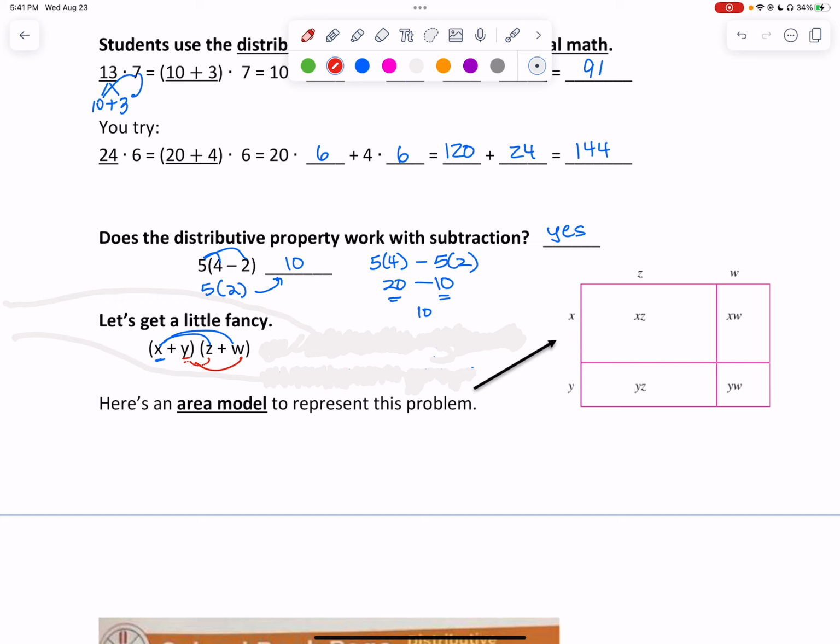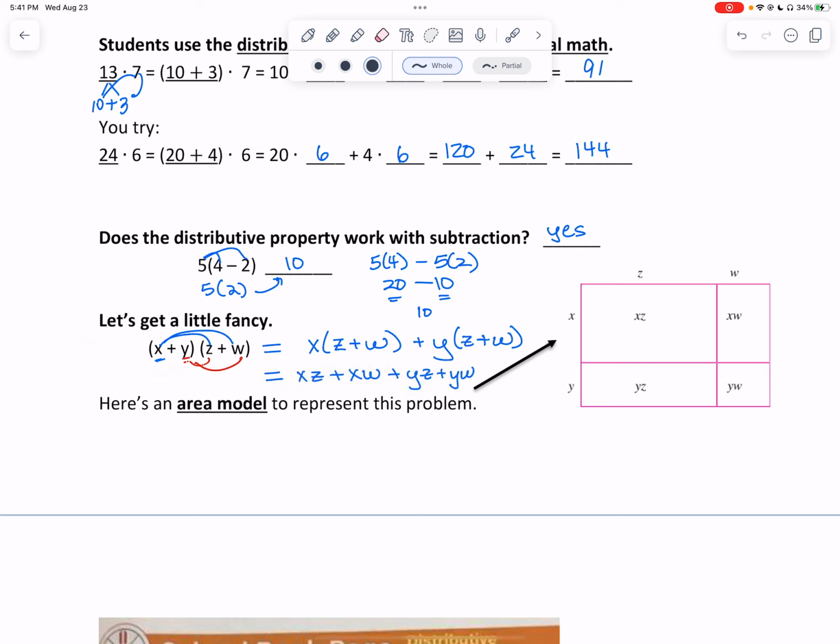I call it cookies and lemonade, because I distributed my blue cookie and then I distributed my lemonade, my red. But for visual learners, this is a phenomenal trick. That's what Freddie FOIL is. That's what I call it. So this is the FOIL method, and this is the algebra method.